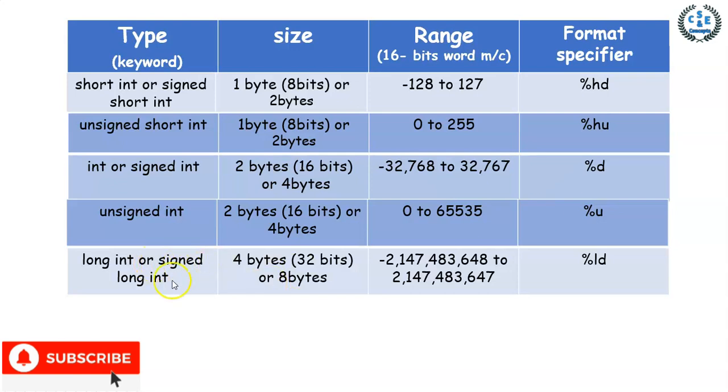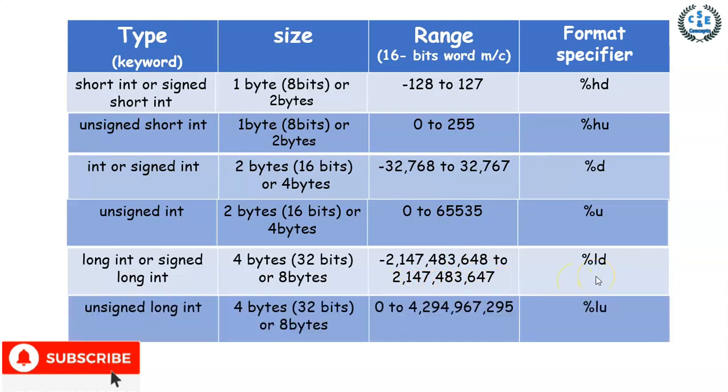Next, long integer or signed long integer uses 4 bytes or 8 bytes of memory, and the range is minus 2,147,483,648 to 2,147,483,647, and the format specifier is %ld. Next, unsigned long integer uses 4 bytes or 8 bytes of memory, and the range is 0 to 4,294,967,295, and the format specifier is %lu.